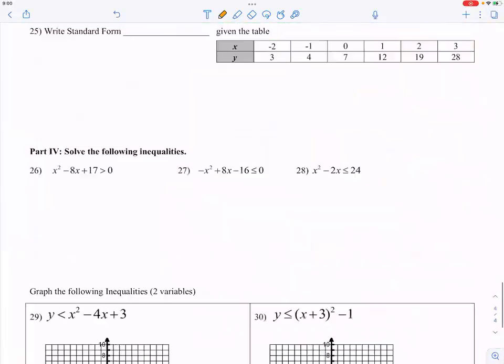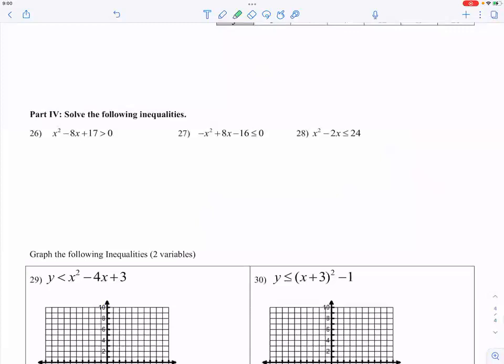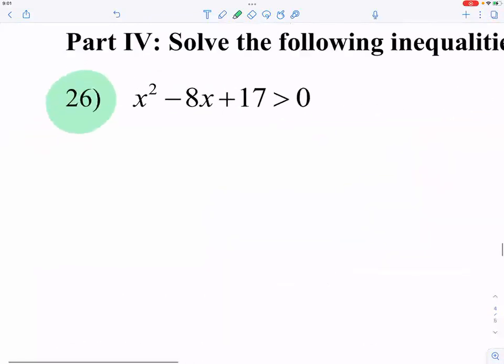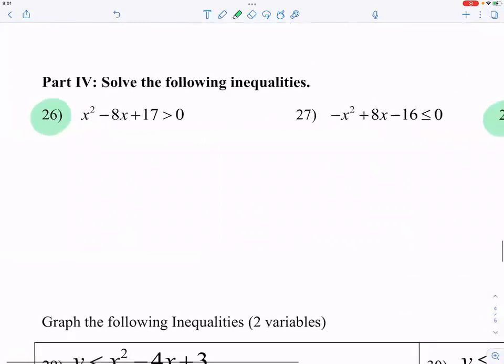All right, so next page. Number 26 and 28. Now, we have done a lot of these already. Number 26 is a strange one.